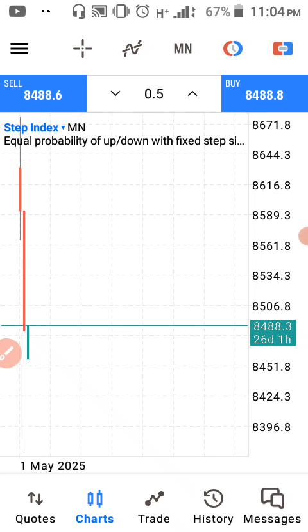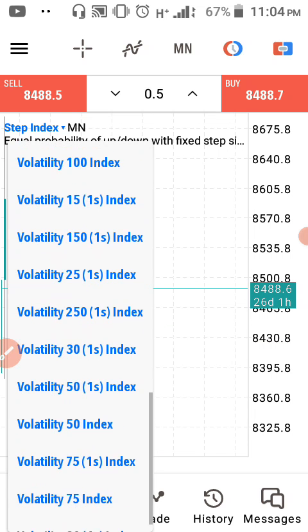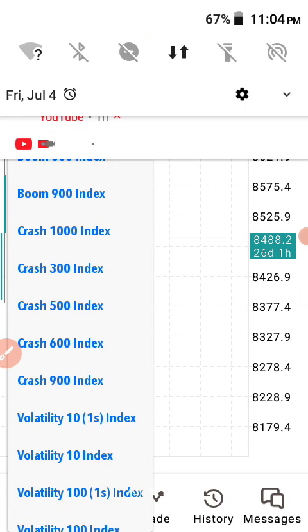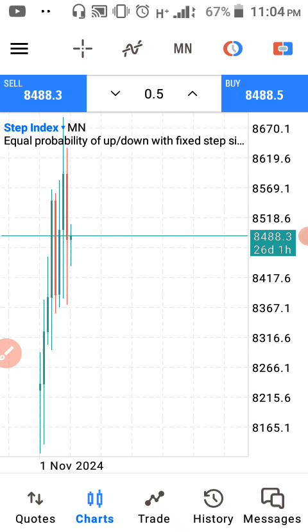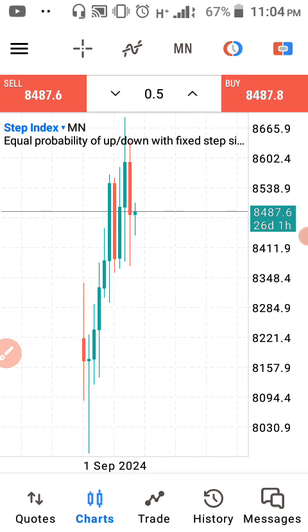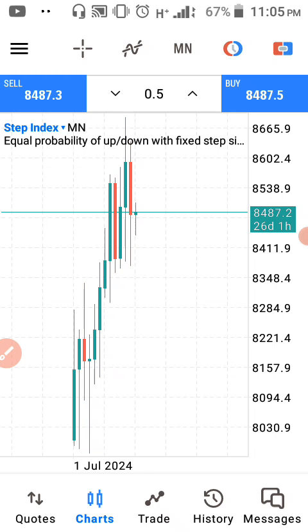But volatility indices work out miraculously, yielding all the desired profits. The momentum of the market can be anticipated on volatility indices. So that's why we say choose to trade volatility indices, choose to trade with Deriv, and always wait for a longer period before cashing out.